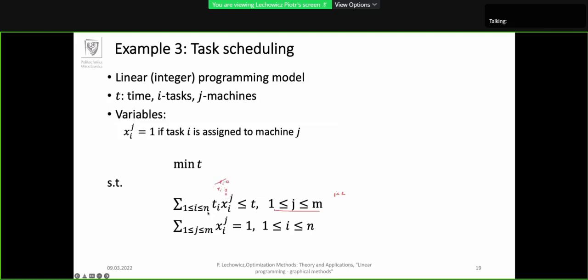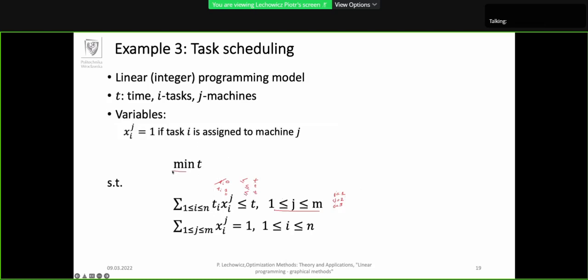And we calculate the sum, and we have to assure that the overall time is greater or equal. And repeat this for all of the machines. So we create m such constraints, and the overall time has to be greater or equal than any of these times for each machine.